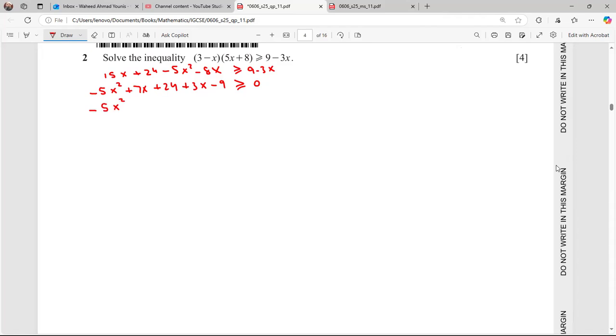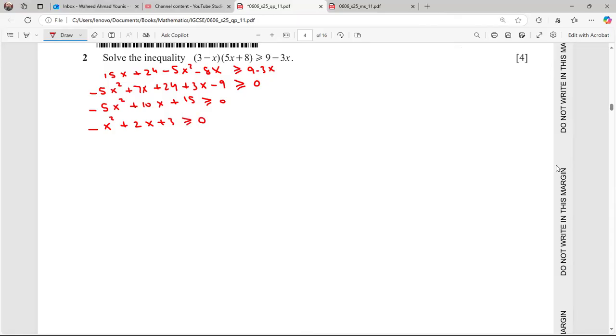Minus 5x squared, plus 7x and 3x is 10x, and 24 minus 9 is 15. If I divide everything by 5, it's going to be minus x squared plus 2x plus 3 greater than or equal to 0.